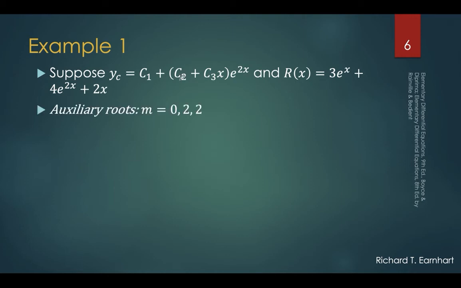Okay, so for C1, the root is 0, and then for C2 and C3, x e to the 2x, the root is 2 with a multiplicity of 2.